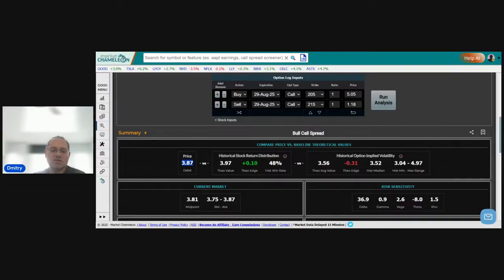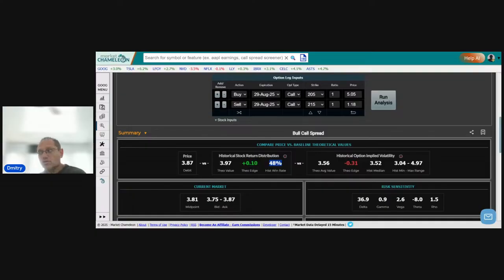So that's 48% of the time. Okay, so historically, whatever percentage move Google needs to make this spread worth more than 387, that happened 48% of the time in our observations, which is telling us it's almost 50-50. Google moves up, it moves down, but based on history, it's almost a 50-50 that this could be profitable or unprofitable.